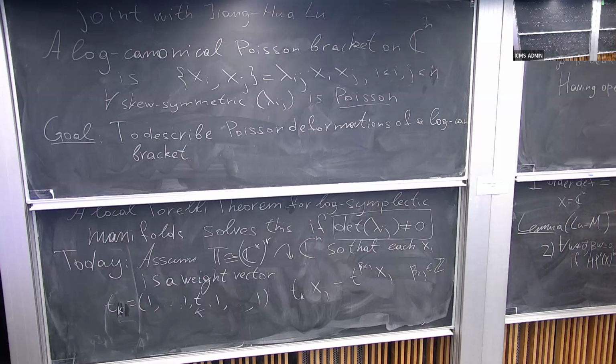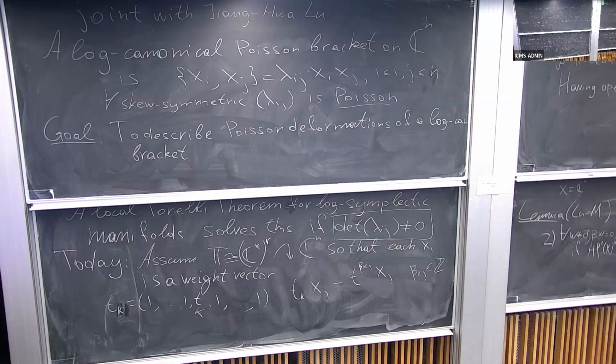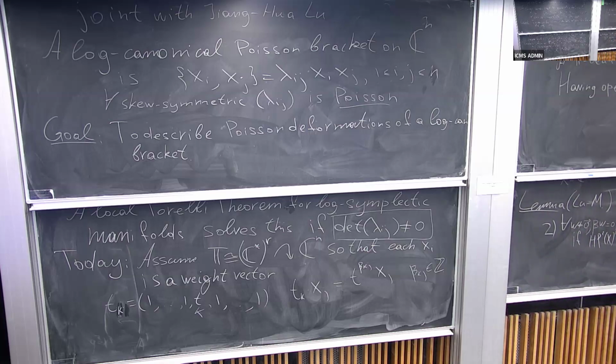then W has to be of special form. W necessarily has to be of the form where most of the components are non-negative except precisely two entries which are -1.